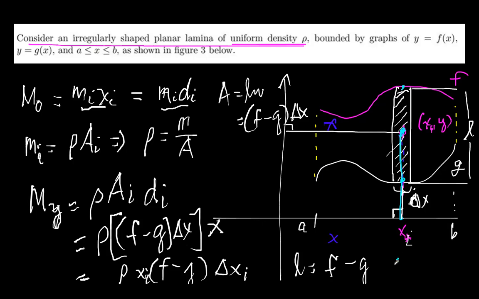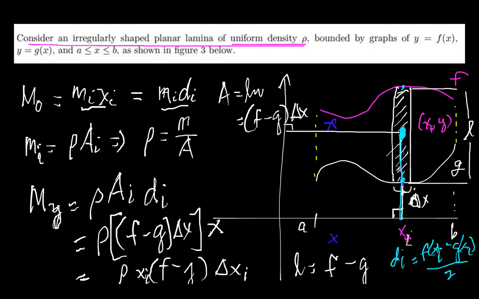So that's d sub i. Okay, this is now for the m sub x. That's f of x plus g of x all over 2, at x sub i. Again, this is to find the distance, or the location, of this point. So when we found the location of this point, we found already the distance from the x-axis, okay?